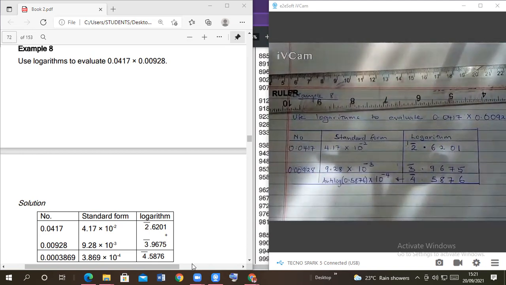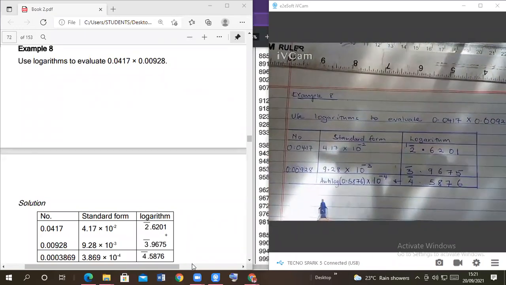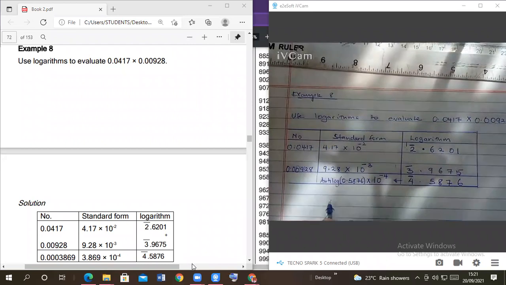Are you seeing that, members? Yes. Okay, so we proceed and find the antilog of 0.5876.